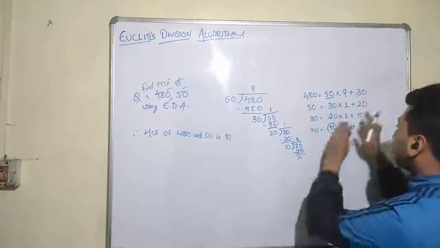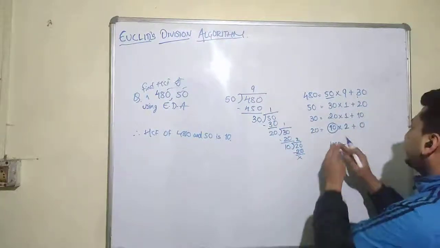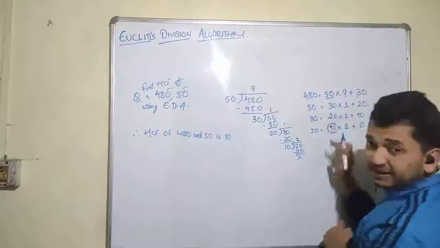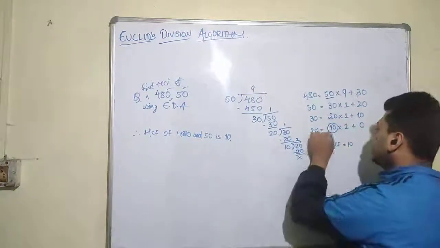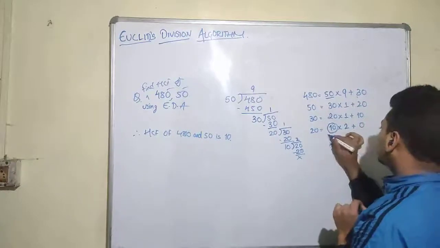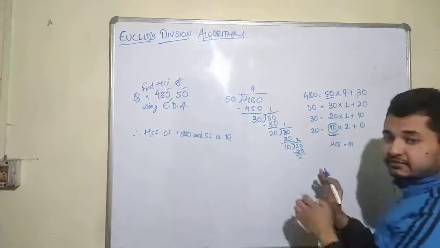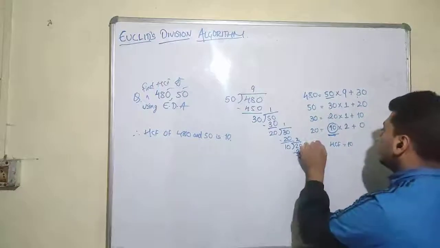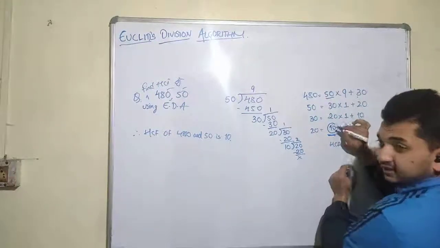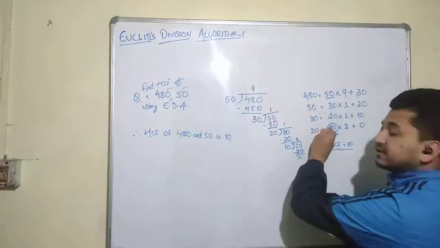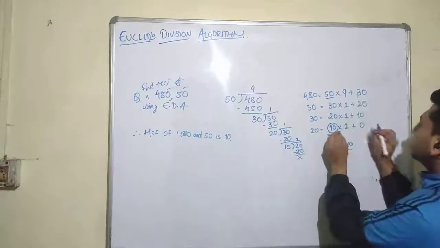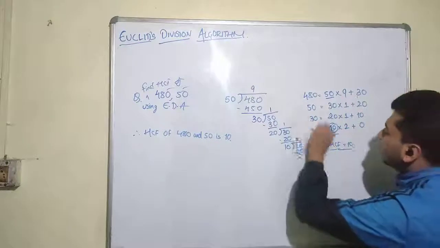So you will follow the same rule, and at the last step, the divisor that divides the dividend completely will be your HCF. The last step gives you 10 into 2, which gives you exactly 20.